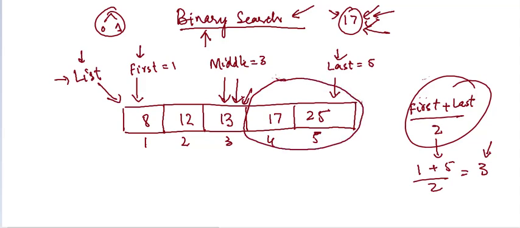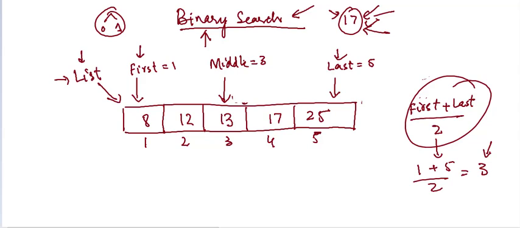We don't need to look behind middle, rather we should be looking in the latter half, in this part of the array, for our value 17, because 17 is greater than 13.